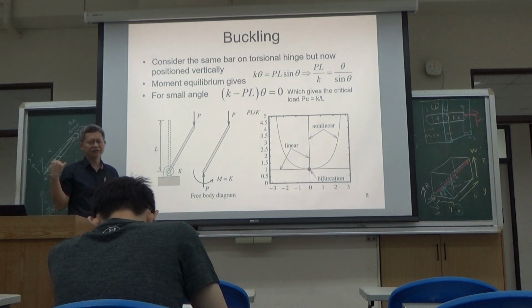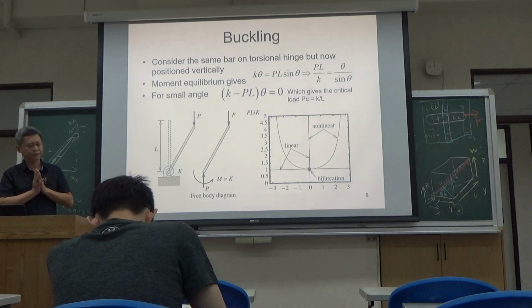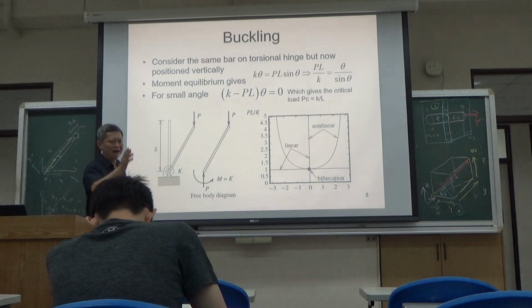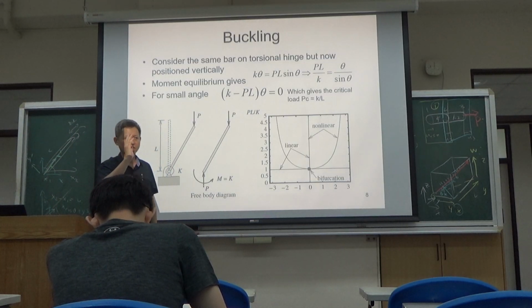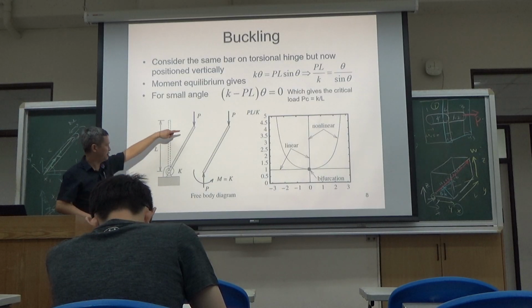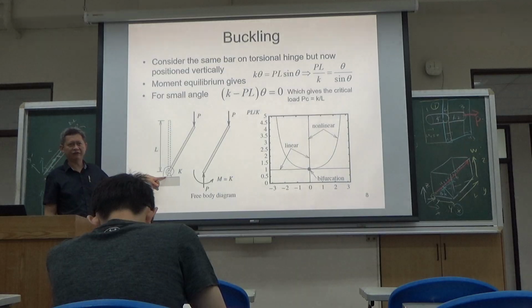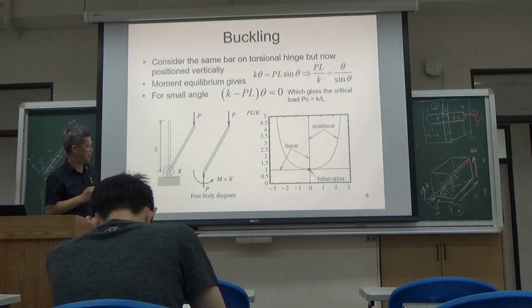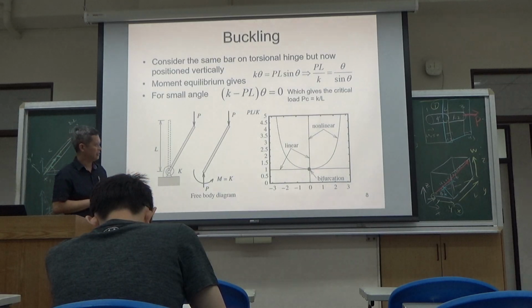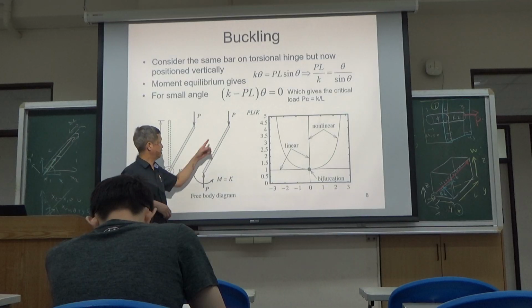Buckling is similar to the previous question, except now the bar is standing up, not horizontal. So you still have the rigid bar and you still have the torsional support and the anchor. So now the free body force diagram is shown here.